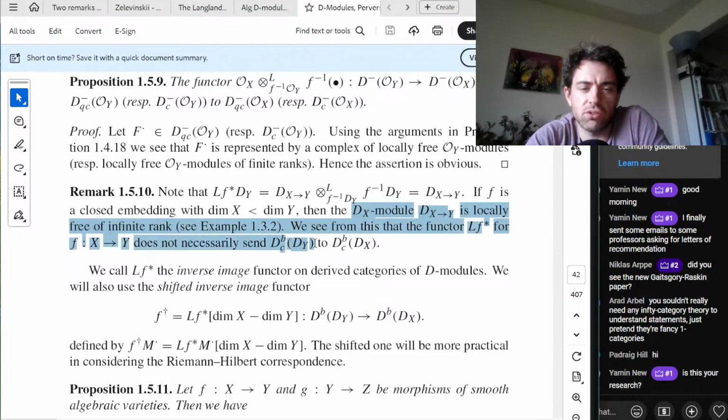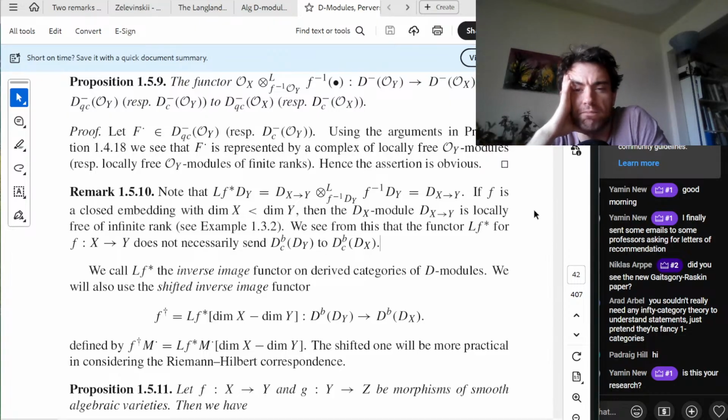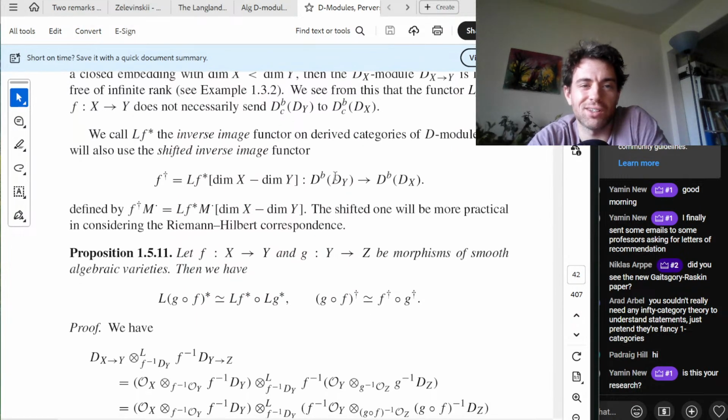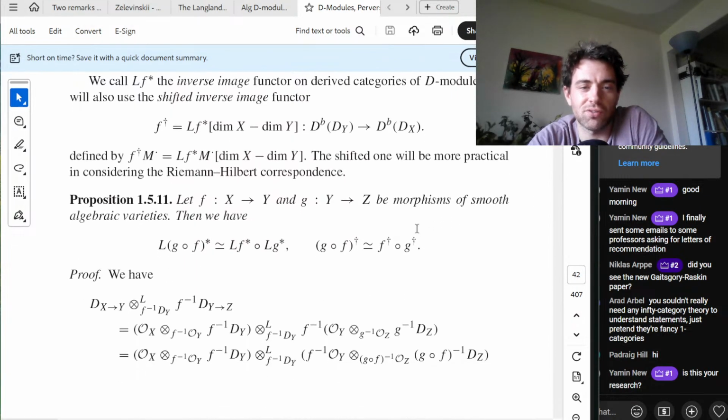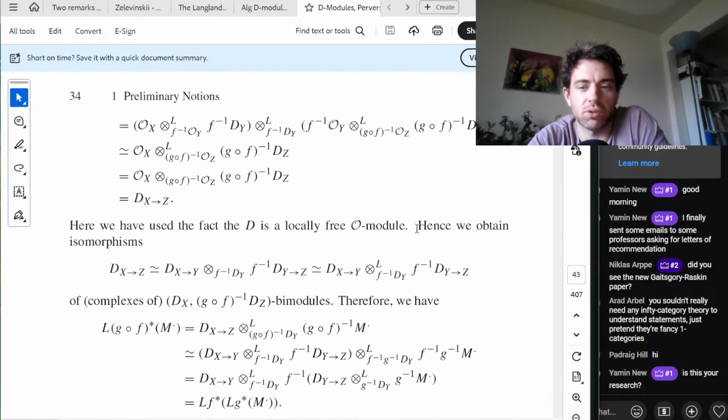Does not necessarily send this to this? Wait, f is going from x to y? No, pullback. Okay. I mean, that's a little bit concerning. Oh, maybe that's why we need the shift? Right. Yes, we do need that. I do need to compute that shift.